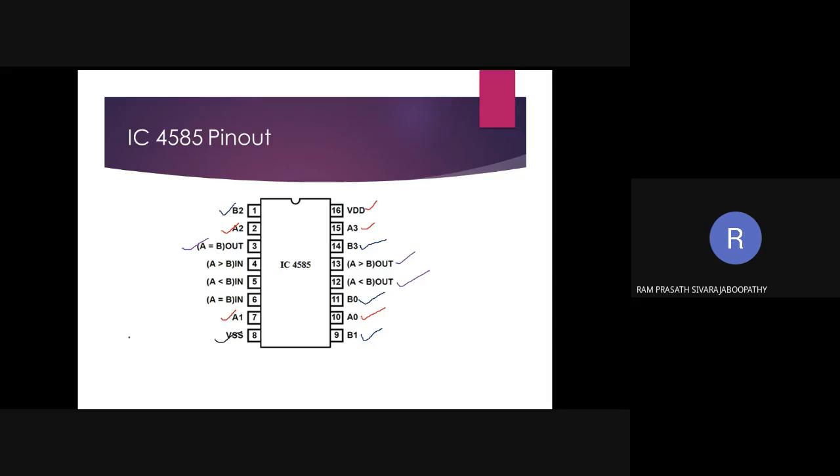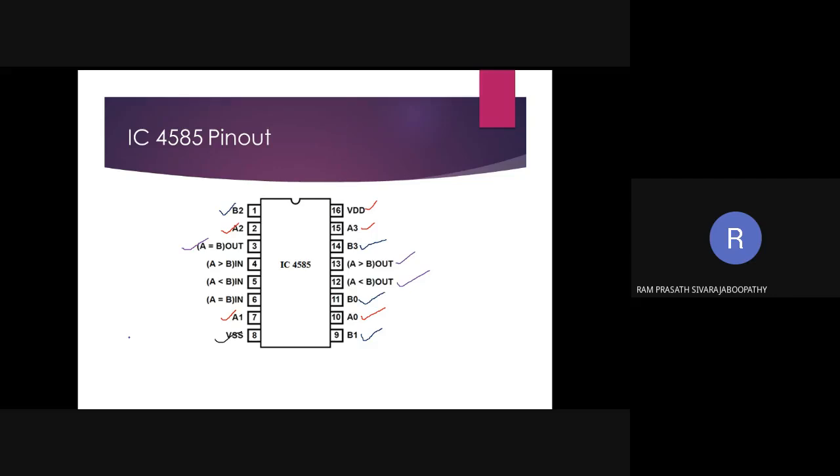So in the pins, 4 pins for providing the data A, 4 pins for providing the data B, and 3 pins for obtaining the output of the comparison result: A greater than B, less than B, equal to B out. So 3 output pins we are having.